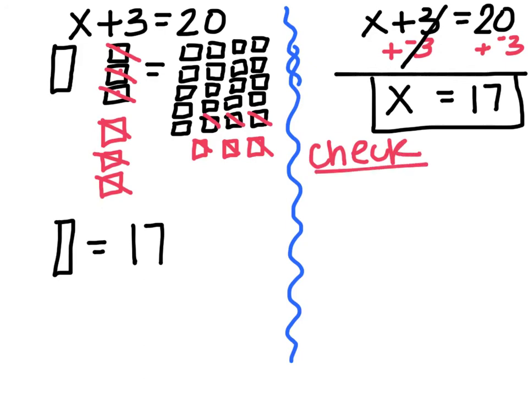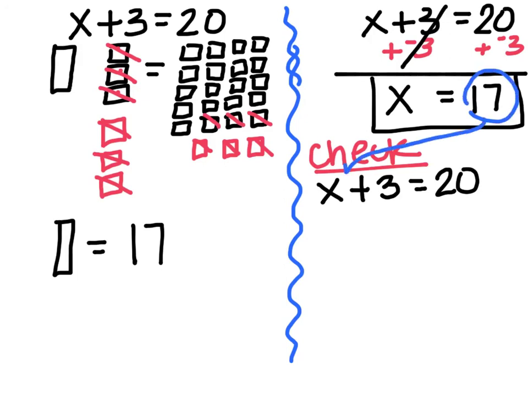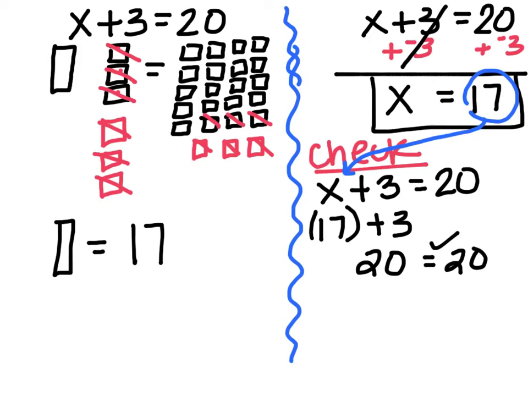So to show the check, you write your original problem, and then you take your answer here and you plug it in for your x. So in your next step, you would say 17 is what I'm plugging in for x, plus 3. What is 17 plus 3? It's 20, and that does equal the 20 it's supposed to equal. So I've just proven my problem correct.